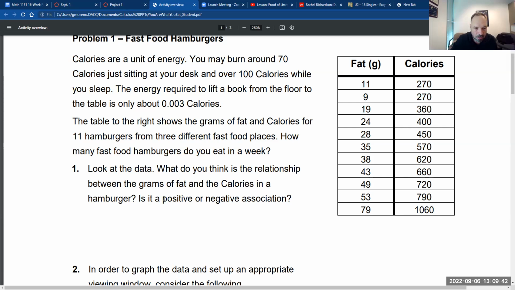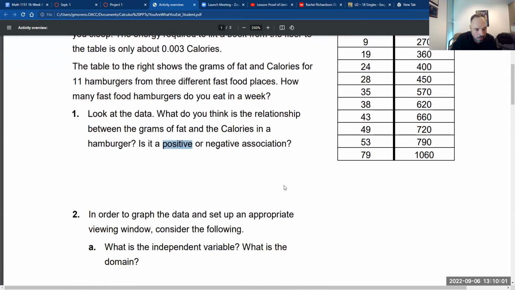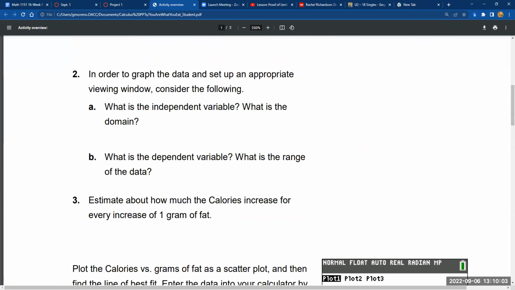So I think most of you would have been able to answer that this is a positive association. As the fat grams increase, the calories increase. Are there any questions about that? No. Okay.